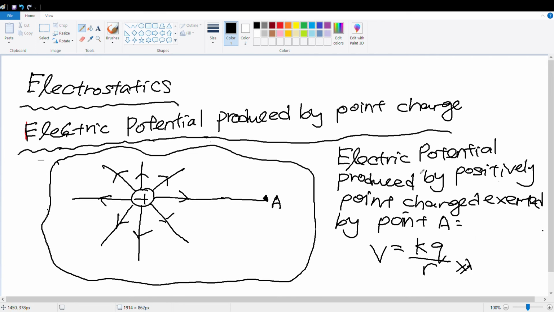So the electric potential produced by a positive point charge exerted at point A is KQ over R.